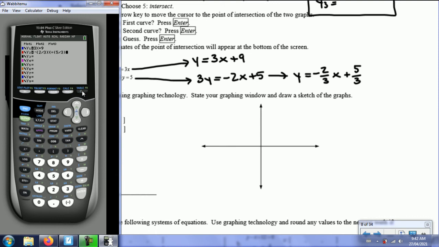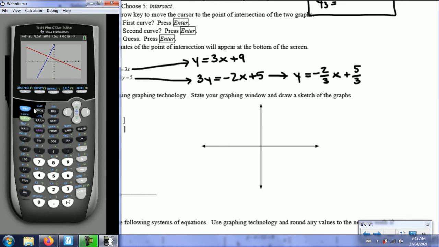Okay, and graph it. Okay, so good. The intersection point is on our screen. Thankfully, we don't have to adjust the window, so we might as well just keep it as is.